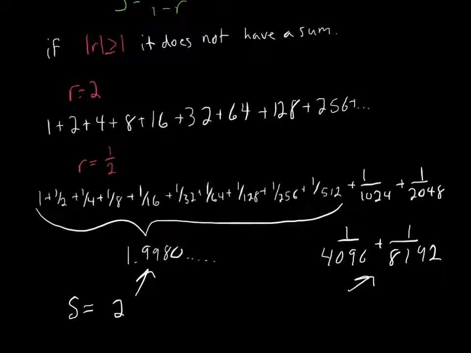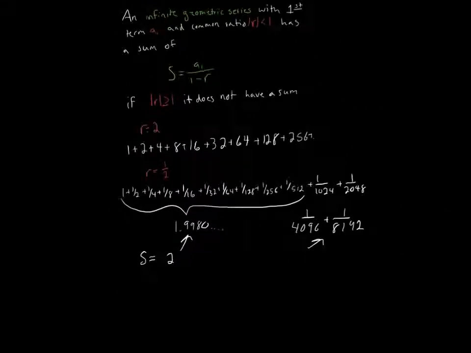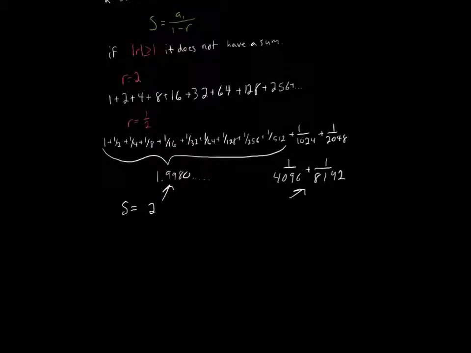Now, if you can't see that, that's why we have that formula up here. So let's use that formula and see if we get the same number. So it would be a sub 1 over 1 minus r. Well, the first term is 1. And we're going to divide it by 1 minus the ratio, which is 1/2.